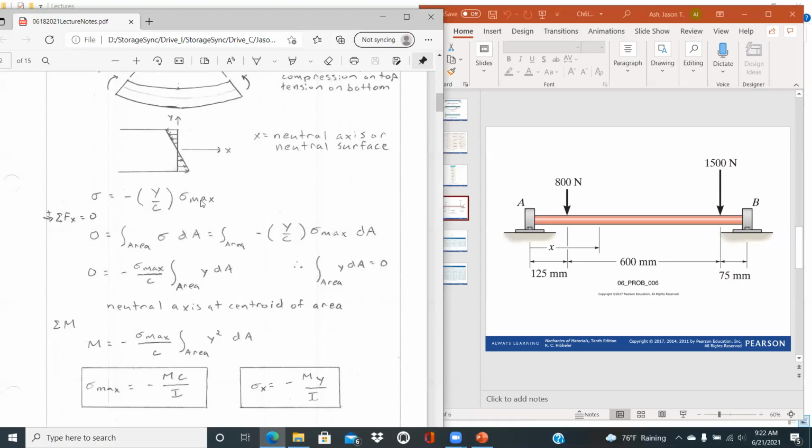And you could do that by solving for sigma max here and making that substitution in for sigma max, and you would get sigma equal to minus My over I. And so both of these really represent then the correlation between the axial stress that develops as a function of the position through the thickness of the beam based on the bending moment that's applied.